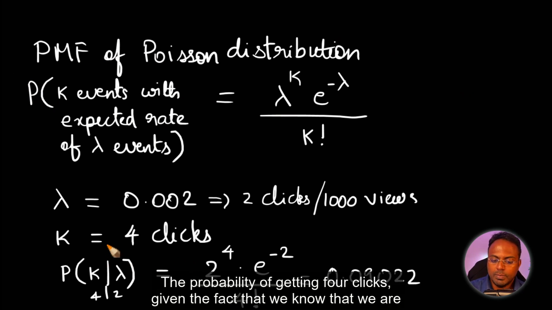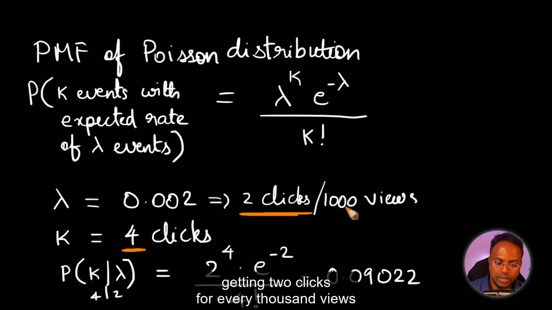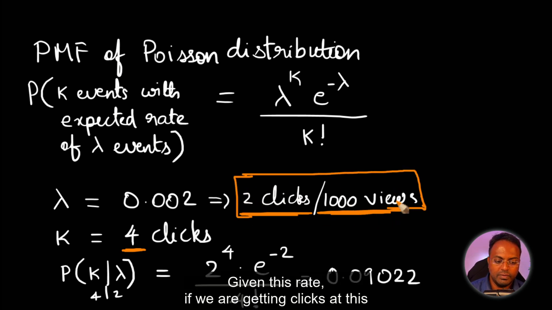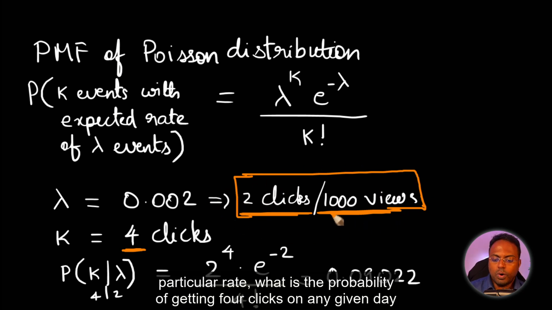So the probability of getting 4 clicks, given that we are getting 2 clicks for every 1000 views, right? So this is the rate parameter. Given this rate, what is the probability of getting 4 clicks on any given day, right?